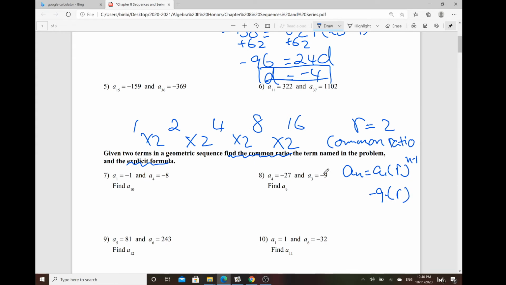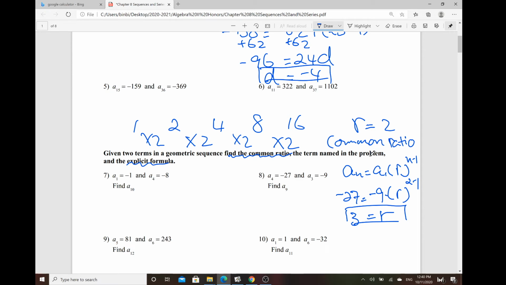And then n, from 3 to 4, so that's 2 terms. n equals 2, so 2 minus 1. And then a sub n, we're using the higher term, so that would be negative 27. So solve for r, you can see that's pretty obvious, which is 3. Common ratio. Or basically you can just divide negative 27 by negative 9, instead of using the formula.